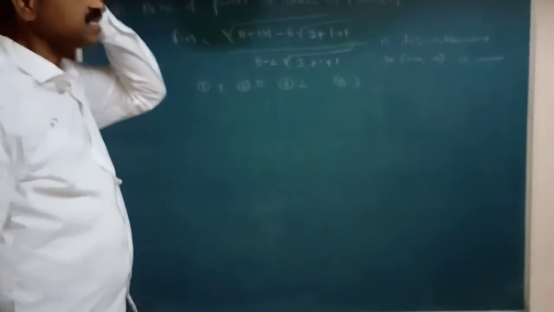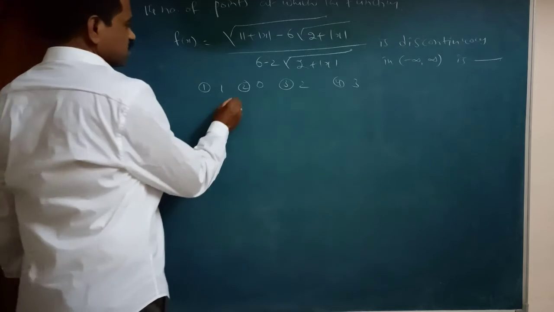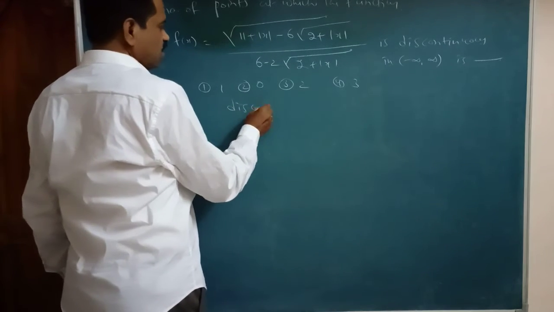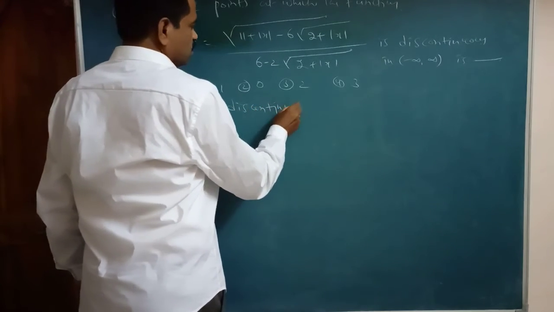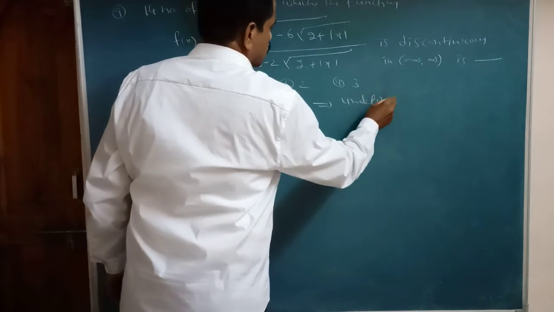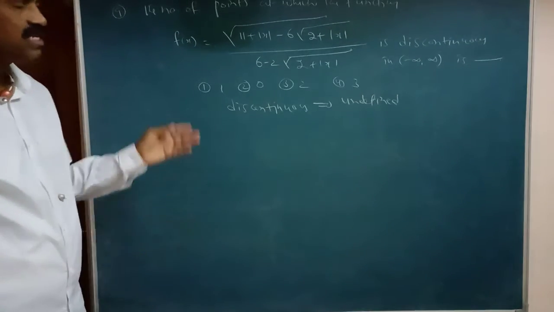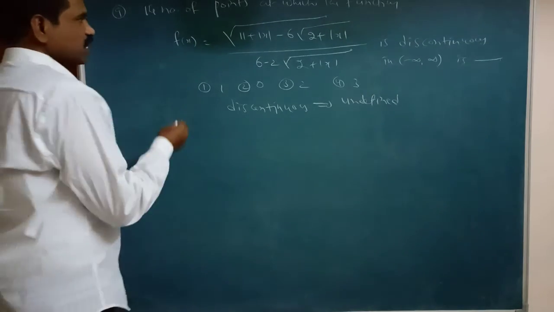Here discontinuous, what is given here? Discontinuous is given on minus infinity to infinity. Here discontinuous means the function is undefined. So root function is undefined, it is less than 0.